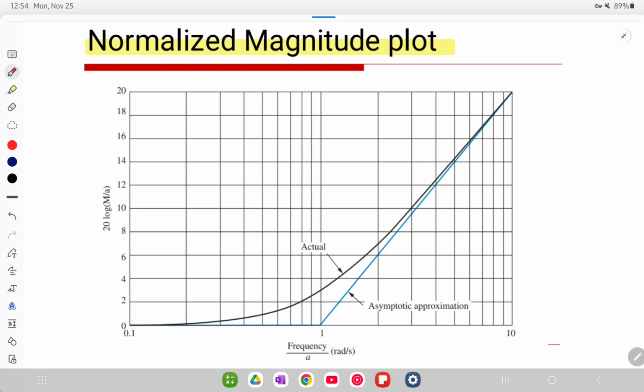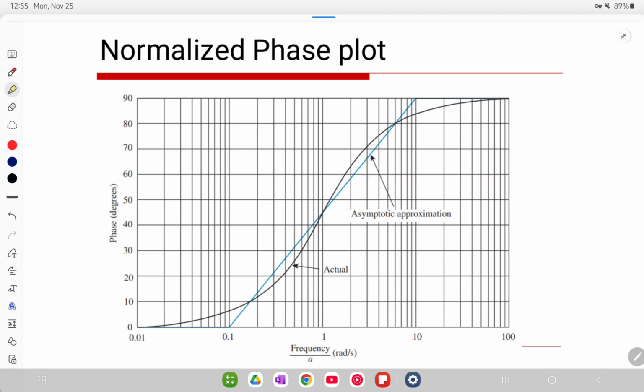So in a nutshell, before that one, it's flat. After that, you have an asymptote of 20 dB per decade. So 20 minus 0, and 10 over 1, that's 10 times. So this slope is 20 dB per decade.